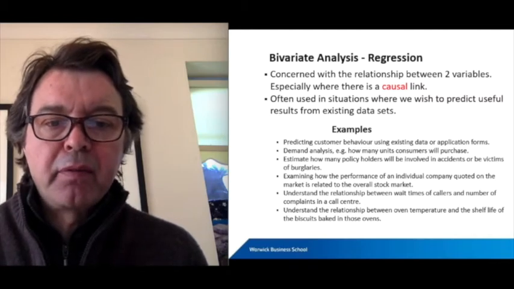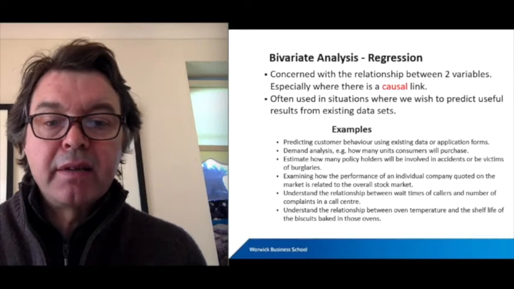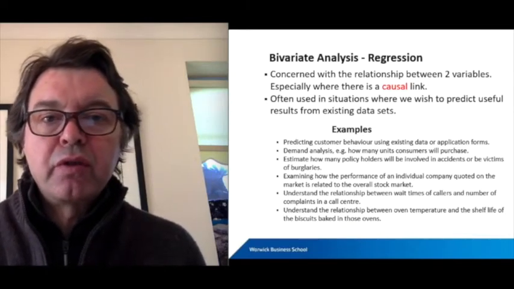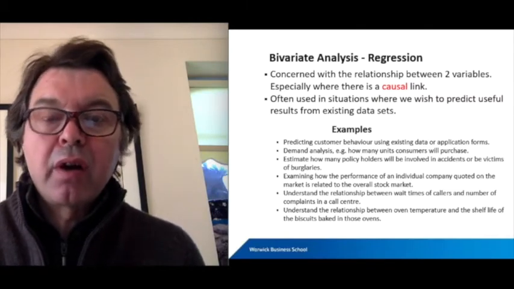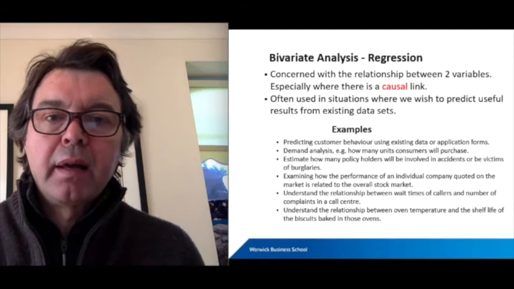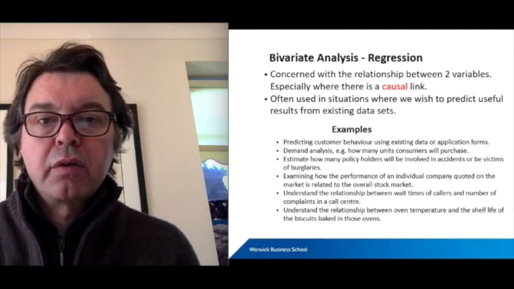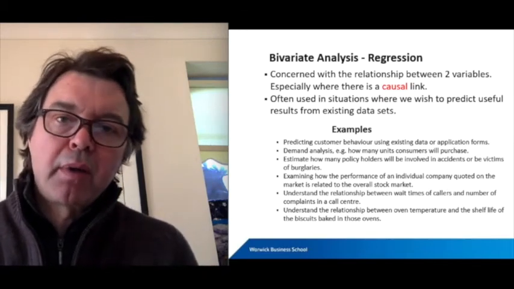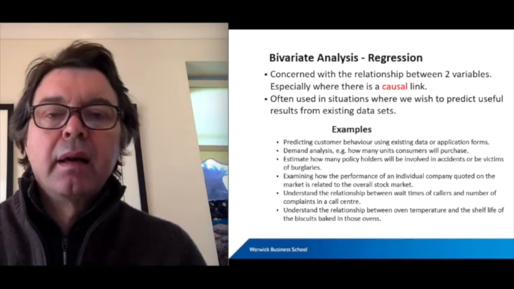Estimating how the performance of an individual company quoted on the market is related to the overall stock market. So regression is used to judge the volatility of a particular stock. So for example, if the stock market does well overall, some businesses do really well. But if the stock market goes down, then they also do really badly.